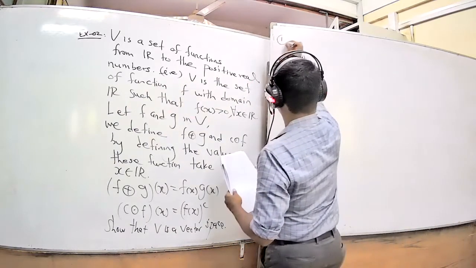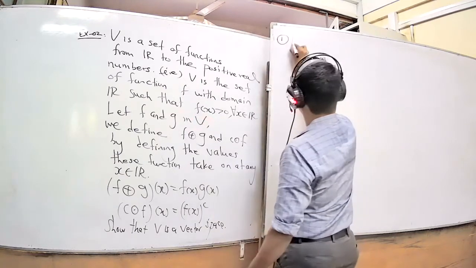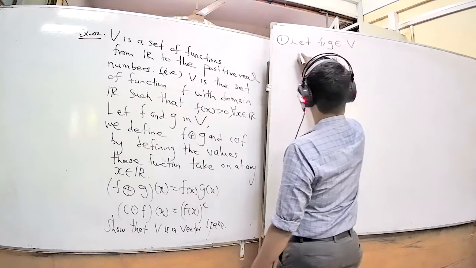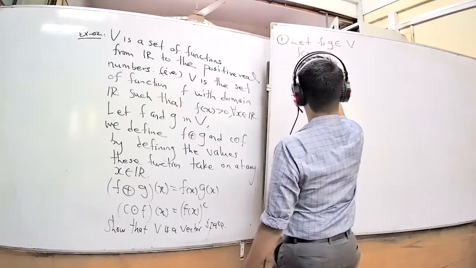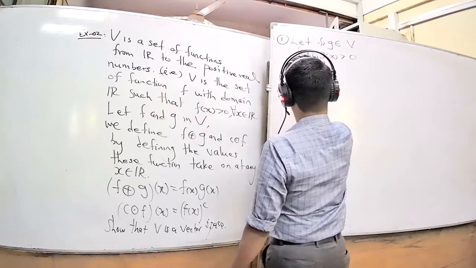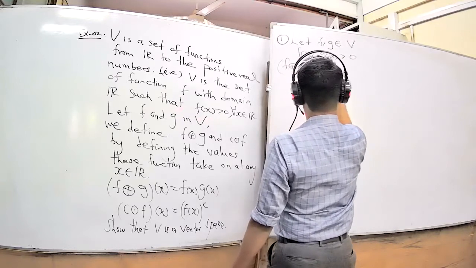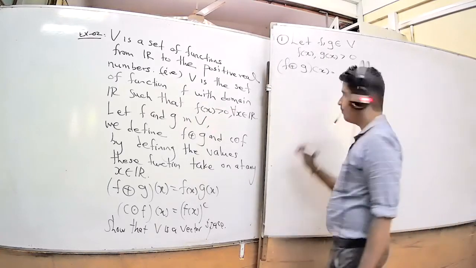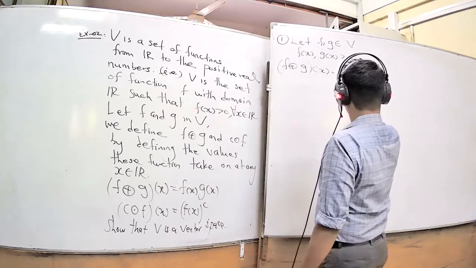First one, closure property. Let f, g in V. Therefore, f of x and g of x should be greater than 0. Now you take the vector addition, f of x, g of x.